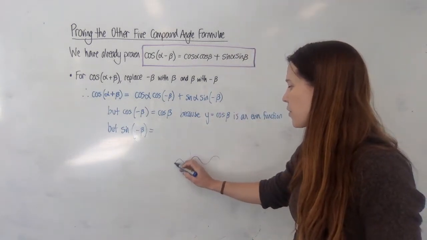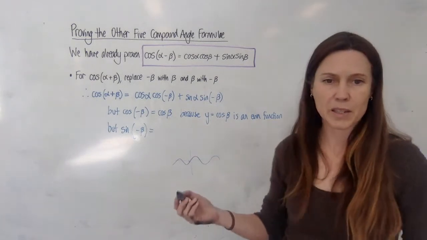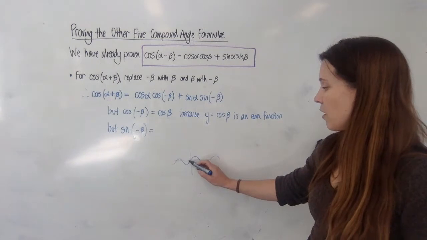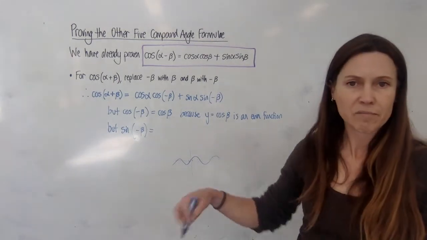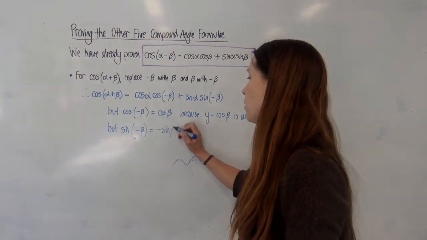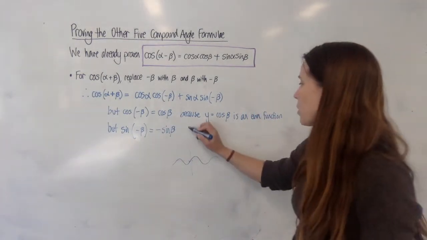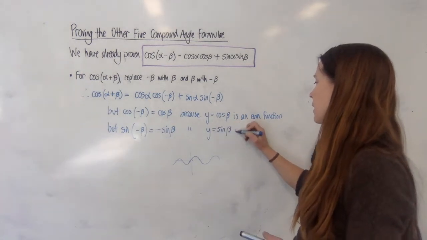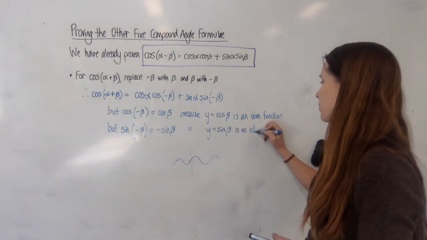And that means that if we've got the sine of some negative number, let's pick something we're familiar with, like negative 30 degrees, say, that would be a lot like the sine of 30 degrees, but negative. So it's equal to the negative sine of beta, isn't it? Because y equals sine of beta is an odd function.